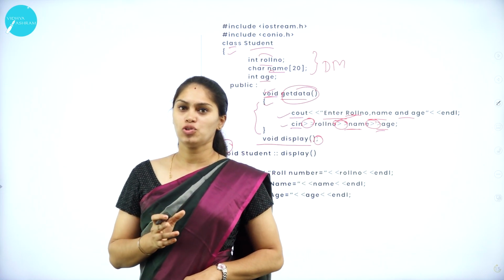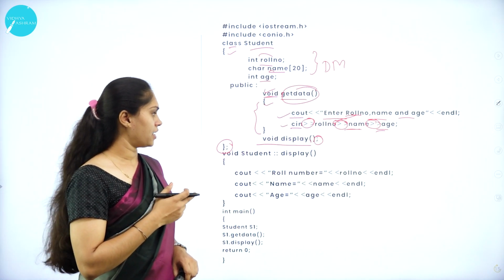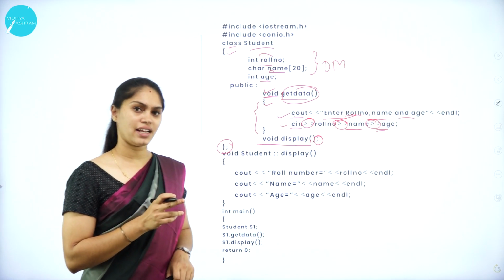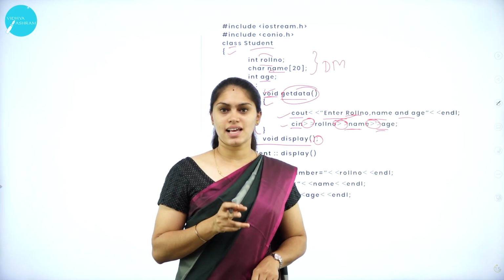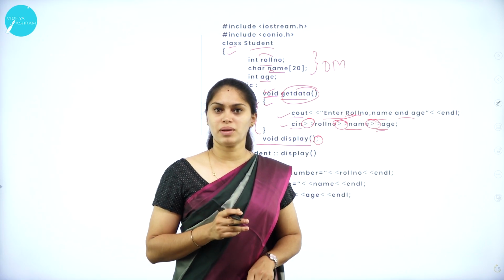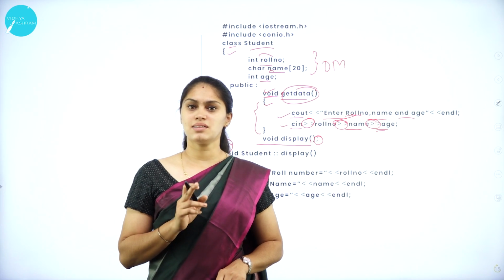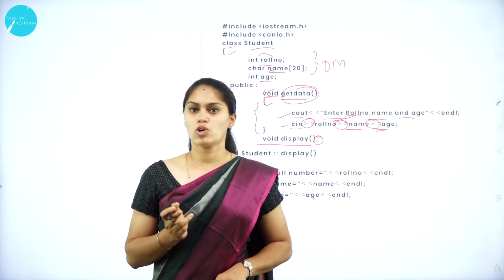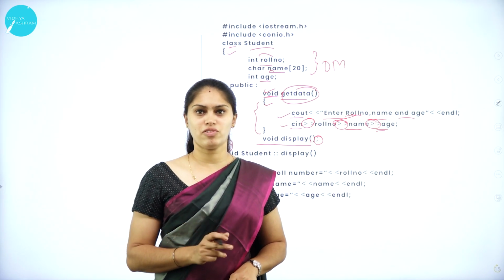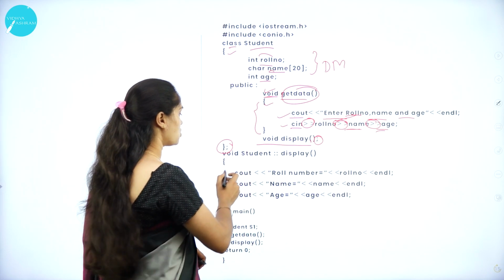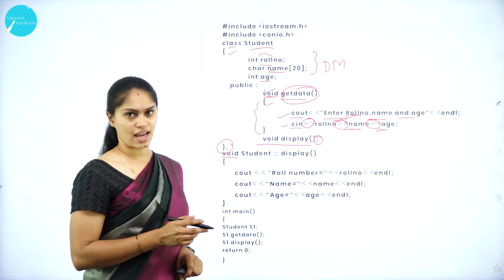So here I have two member functions, that is getdata and display. getdata is defined inside the class definition, but I have one more member function, that is display, that I have declared inside the class, but that needs to be defined outside the class. How to define the member function outside the class? Then I need to follow the syntax, right?